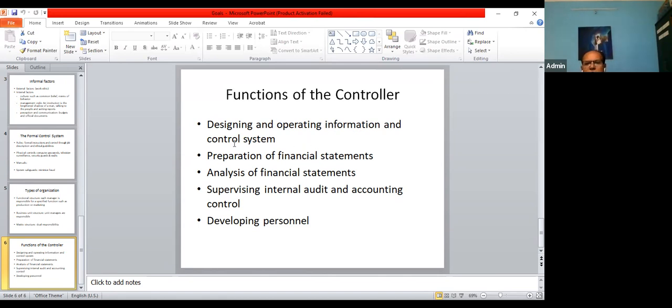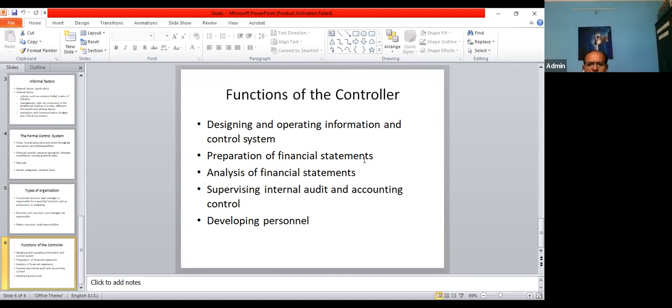And not only an operating system, he also has to have a control system, because if the customer is not obeying instructions, then the machine will have problems, and such a problem is the responsibility of the customer and not the company. So that kind of control system should be developed by the controller.